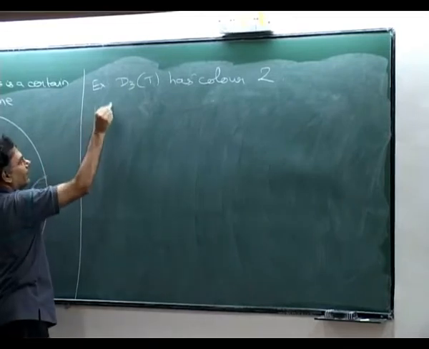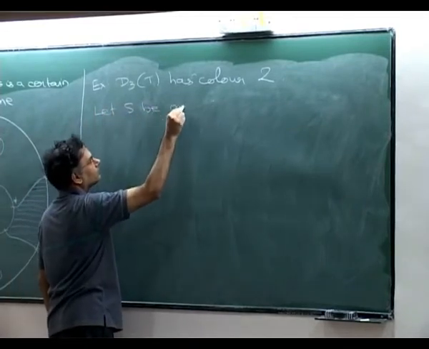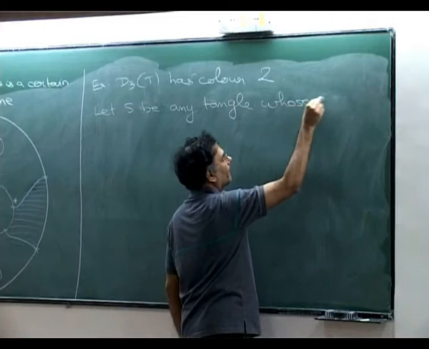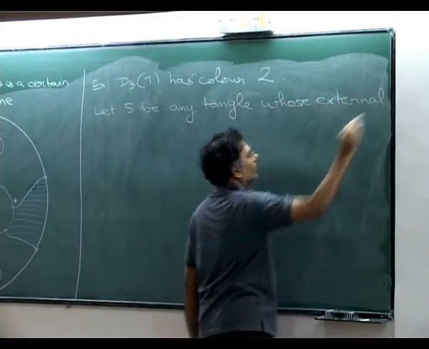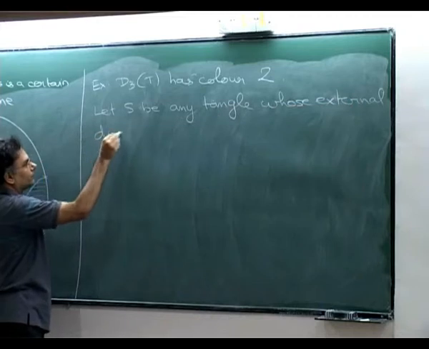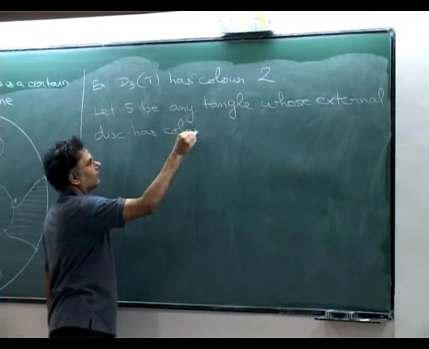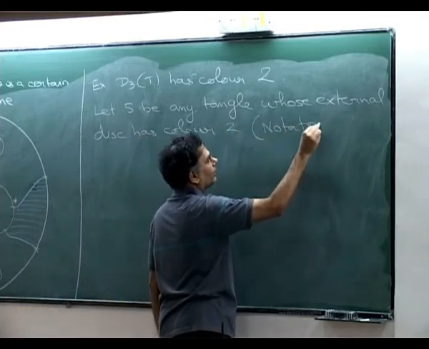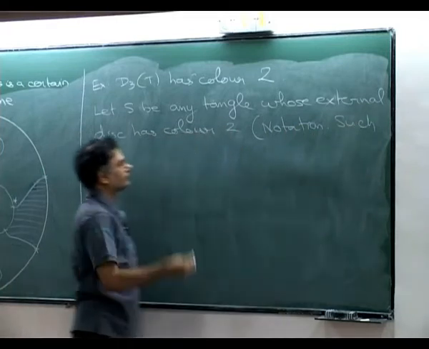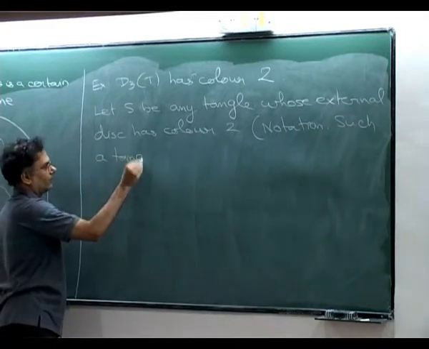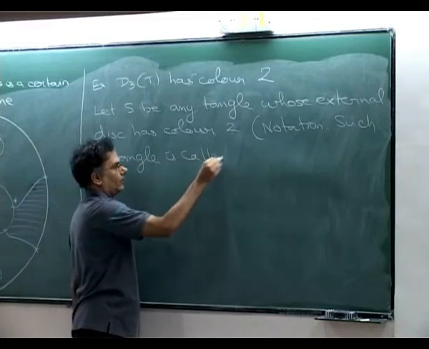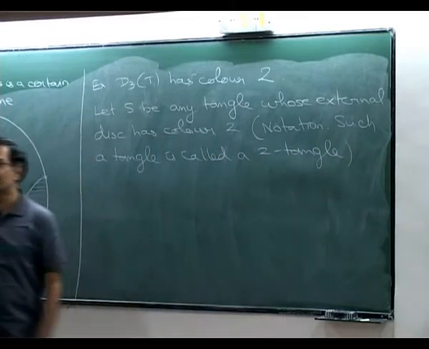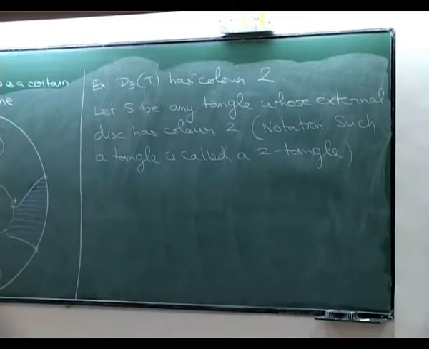Let S be a tangle whose external disk has color 2. Incidentally, as a notation, such a thing is called a 2 tangle. A 2 tangle is something whose external disk has color 2, right? So take S to be any 2 tangle.